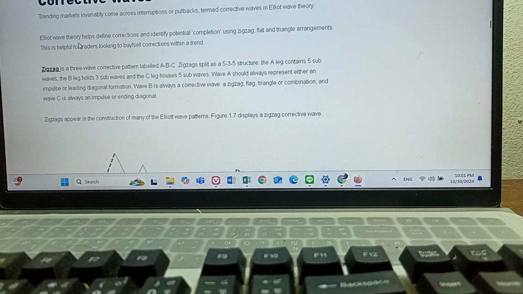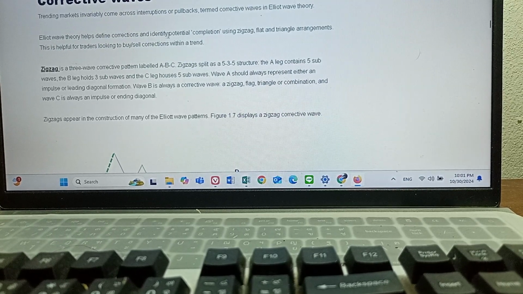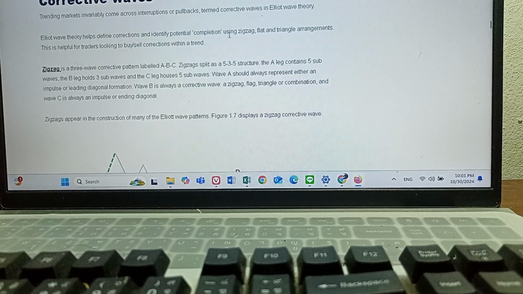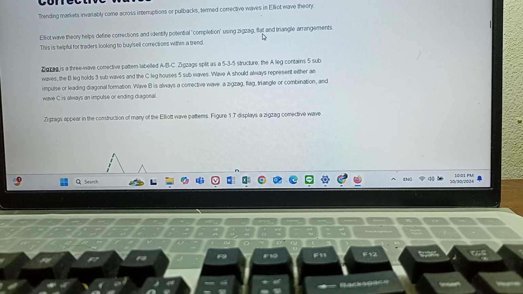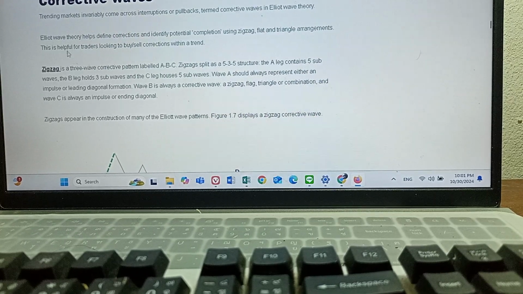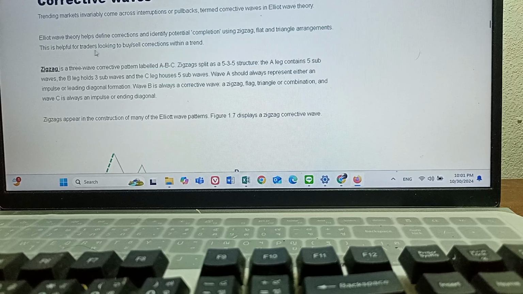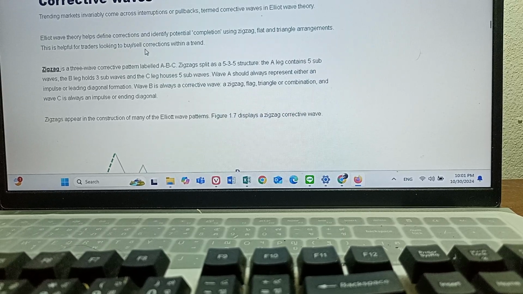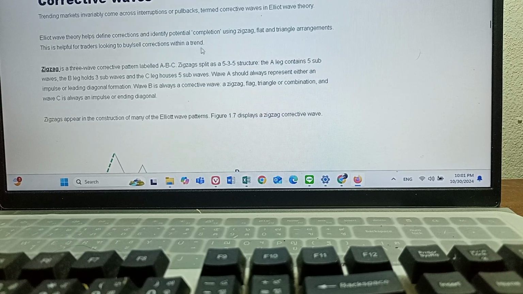Elliott Wave theory helps define corrections and define potential completion using zigzag, flat, and triangle arrangements. This is helpful for traders looking to buy or sell corrections within the trend.